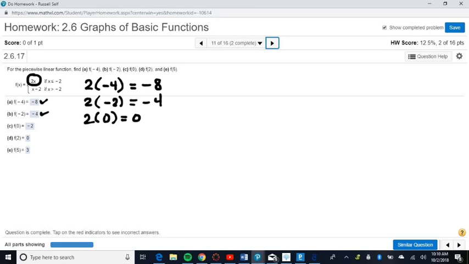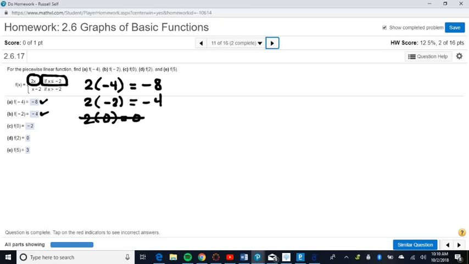Then, they switch to the other function for the next one, and I'm not sure why. Hold on, let me check. Okay, let me show you why they switched to the other function for that. 2 times 0 equals 0, but that says x has to be less than or equal to negative 2, and 0 is not less than negative 2, so we have to reject that.